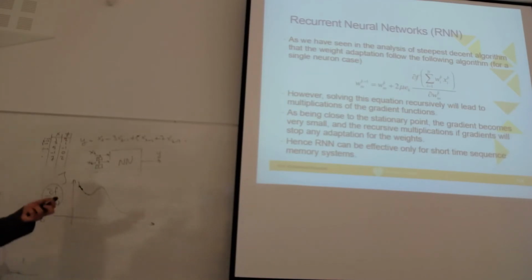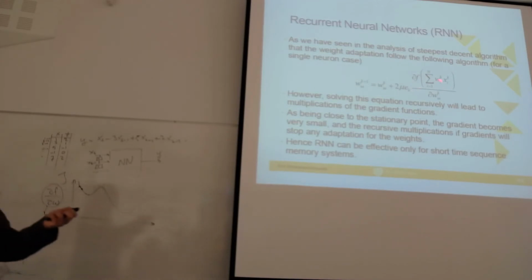Now if you make this function a recursive equation, every W at k plus 1 also depends on the W at k, and k plus 2 depends on the W at k plus 1, and k plus 1 depends on W at k, and k depends on k minus 1. So it is like a recursive equation, and you can see that the equation will be a multiplication of those gradients.